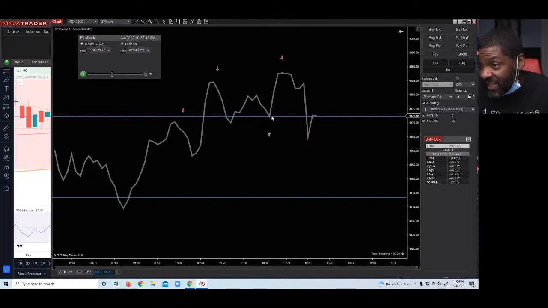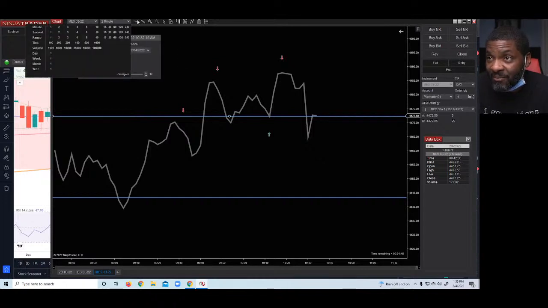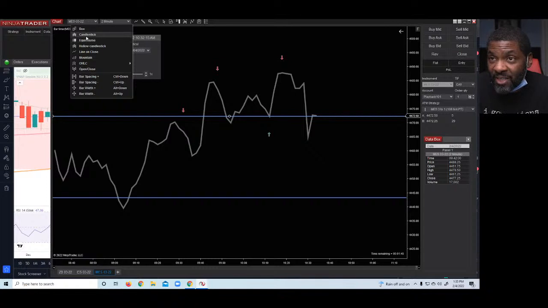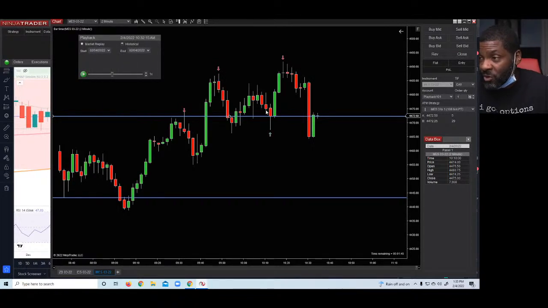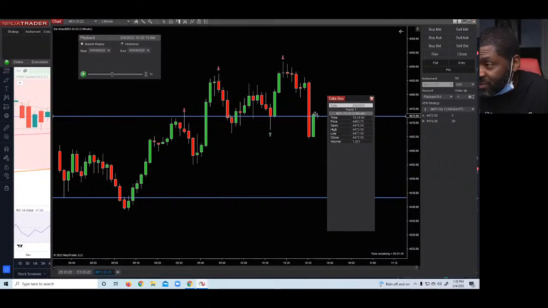So I'm looking to get in on the close. What's the close of that? Let's check the close of this candle right here. I don't know if you can see my data box over here, but the close of this candle is 4472.25.